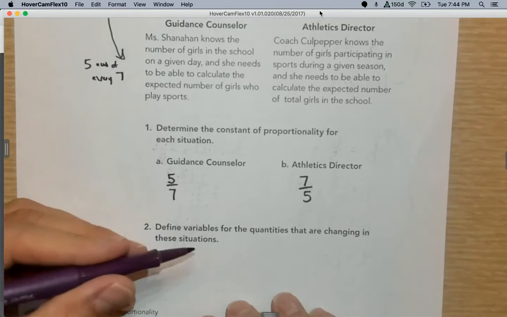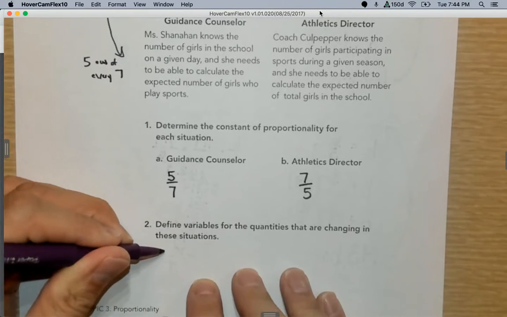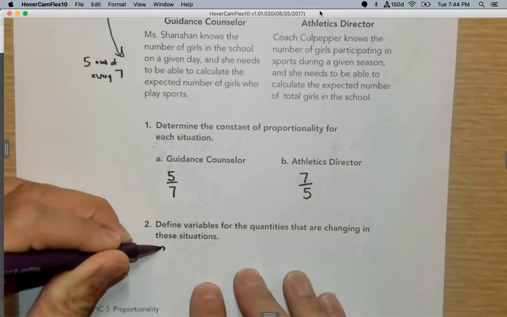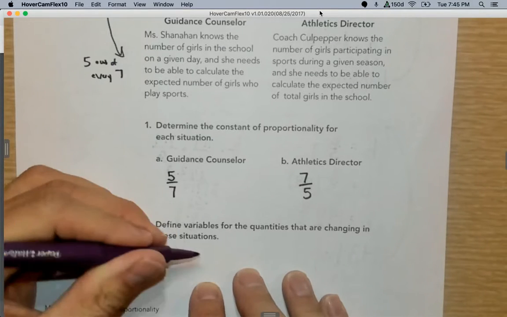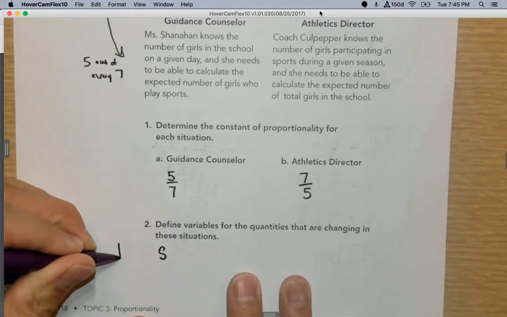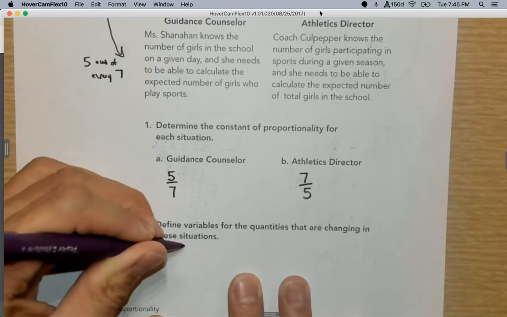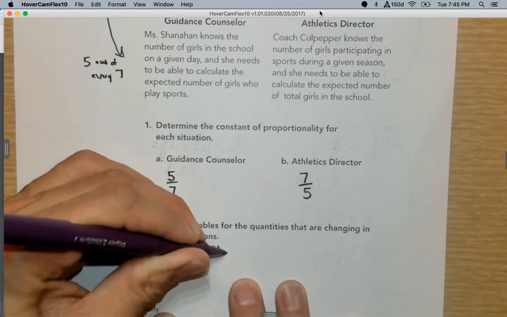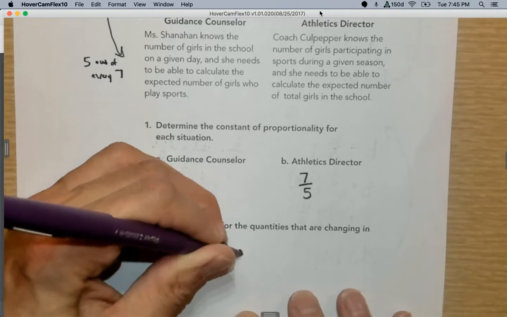So we could do a whole bunch of variables, but S, and when I define variables, let S be the number of girls who play sports.